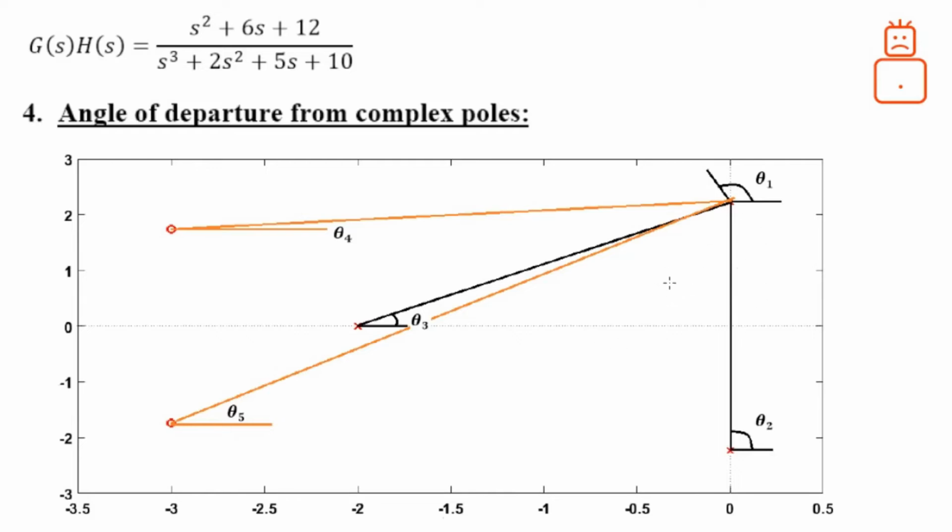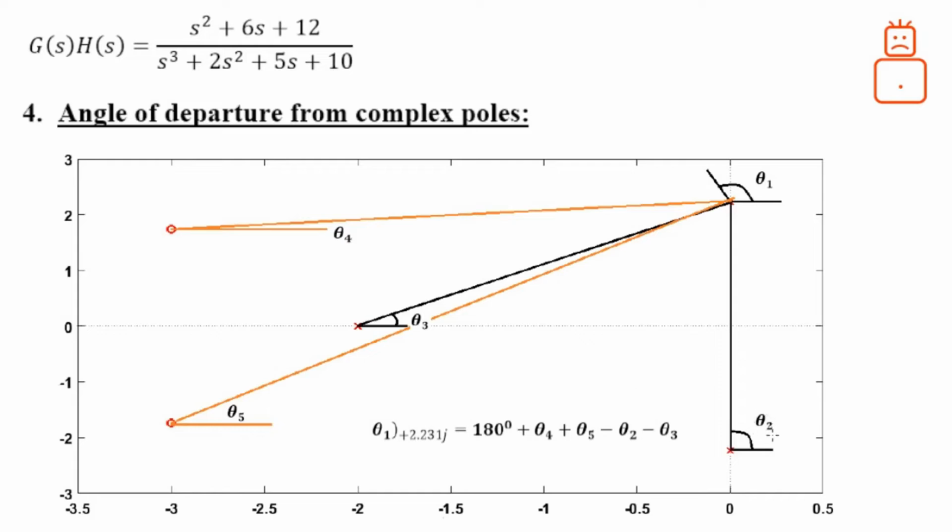All the distances can be known from the values of the poles and zeros we computed previously. Applying the formula we saw first, the formula will be 180 degrees plus the angles made by the zeros with the corresponding pole, minus the angles made by the other poles.